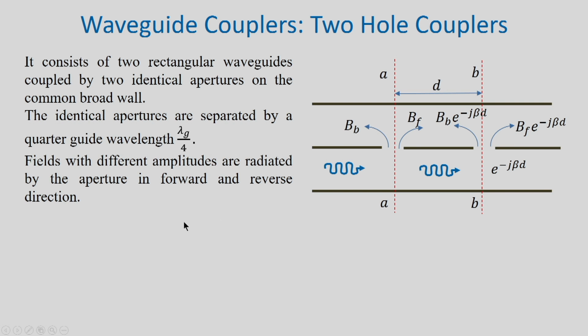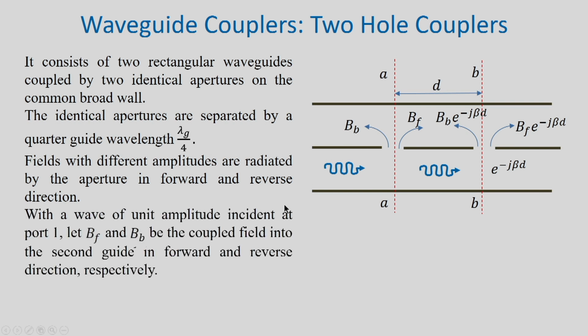So, when the signal is incident on this waveguide, a part of the power will get coupled to the other waveguide, and this coupled power will travel both in forward as well as in the backward direction. Now, the amount of field that is coupled in the forward and backward direction is different.